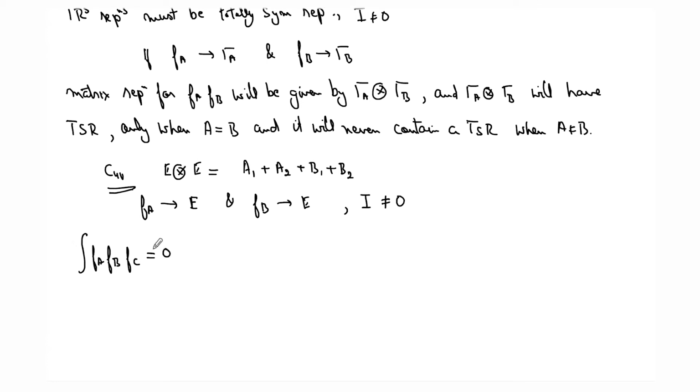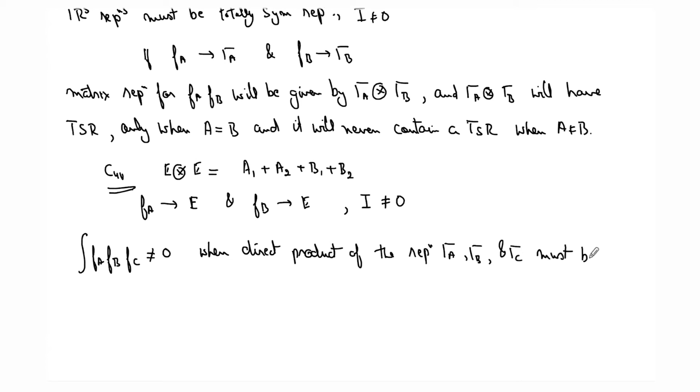So this will not be equal to 0 when the direct product of the representations tau A, tau B and tau C, assuming that FA is corresponding to tau A, FB is corresponding to tau B, and FC is corresponding to tau C, must be or contain the totally symmetric representation, right?